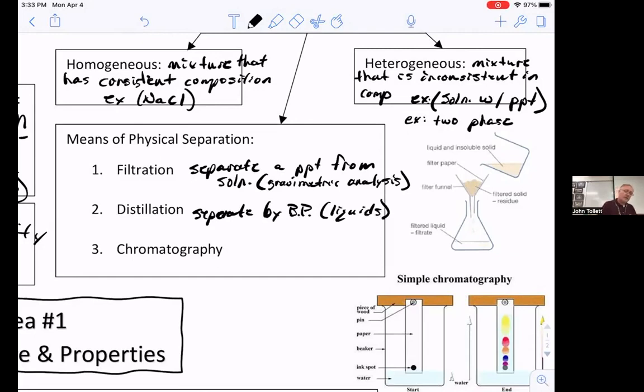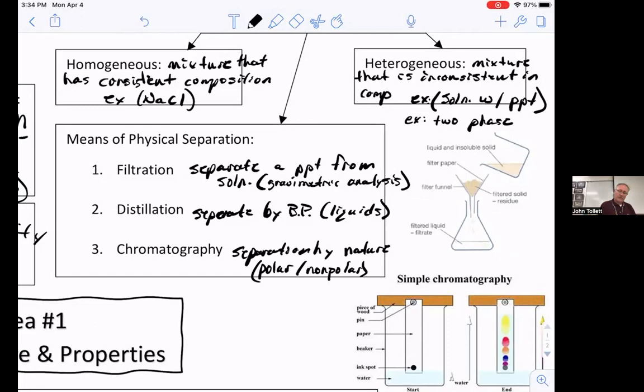Chromatography is going to separate based on the nature of the substance, like polar or non-polar, how well they mix with the solvent, or how much the solute mixes with the solvent. So there's an example of each.